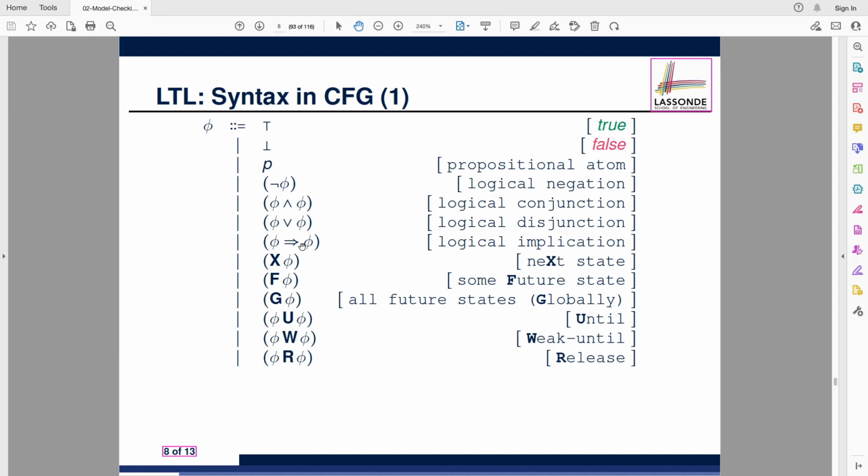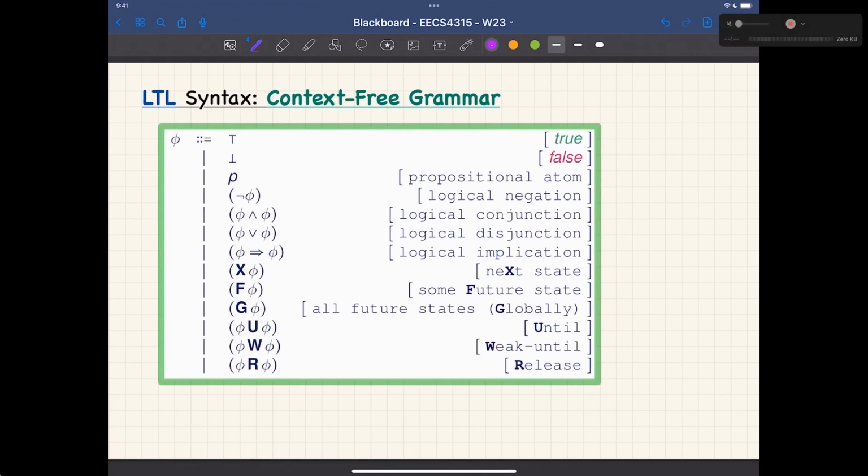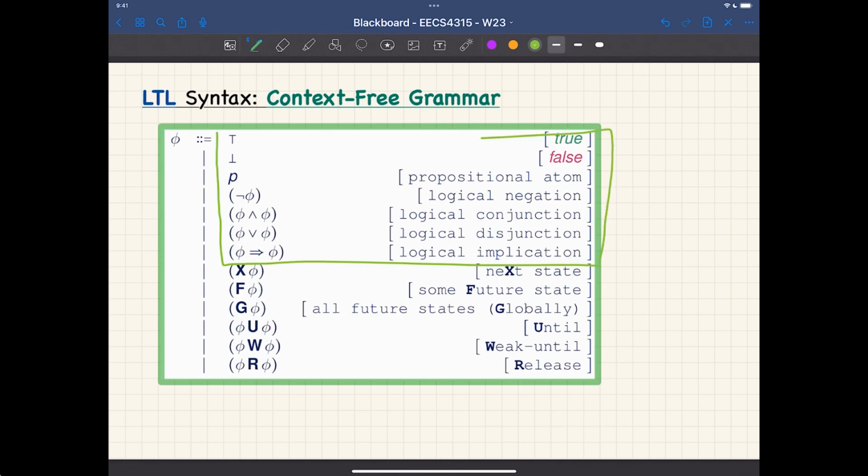All right, let me go over a bit more detail that you should really watch out for. You can think about this part over here, of course, as still propositional logic. This part here, you should feel very comfortable with. Propositional logic.